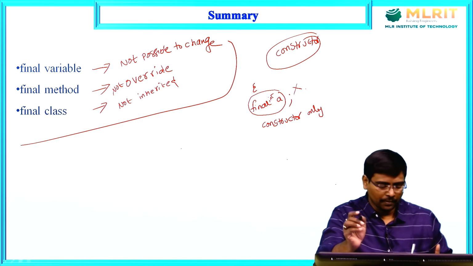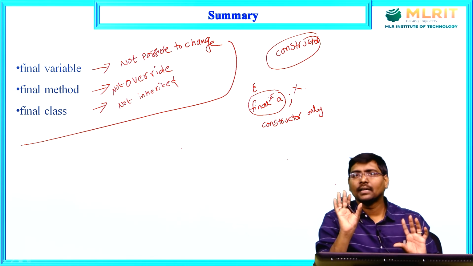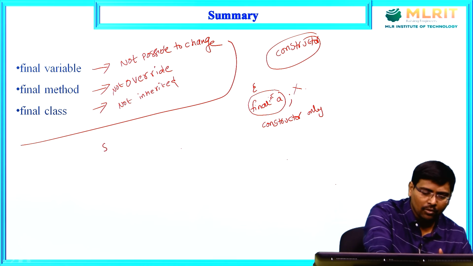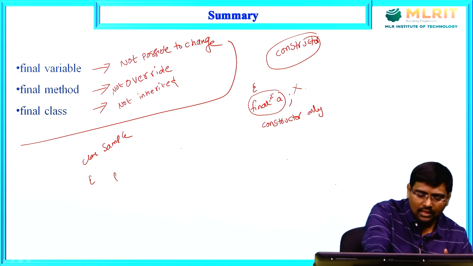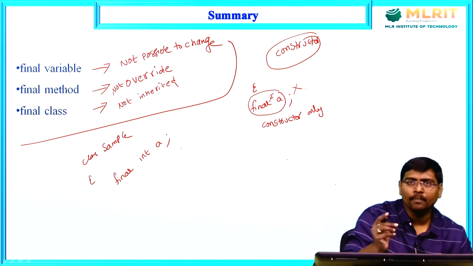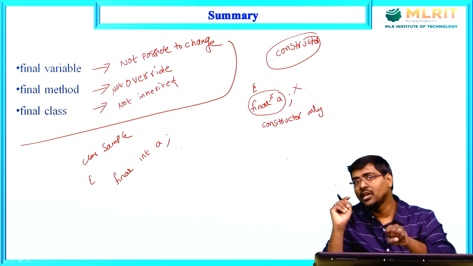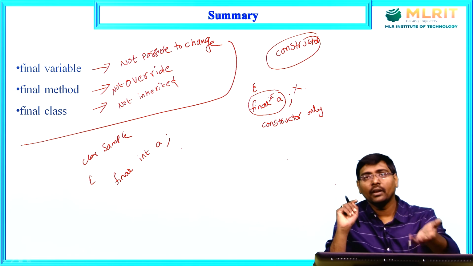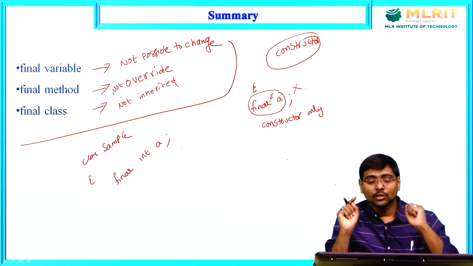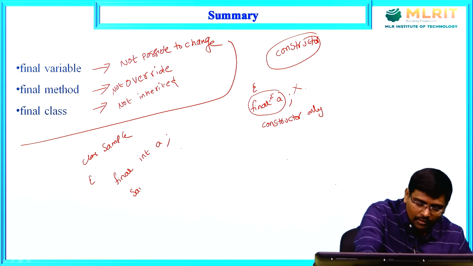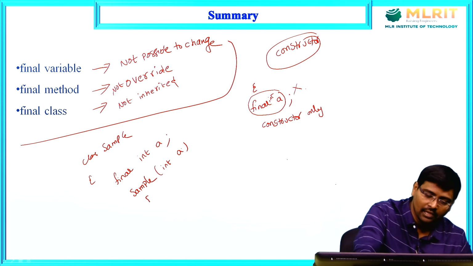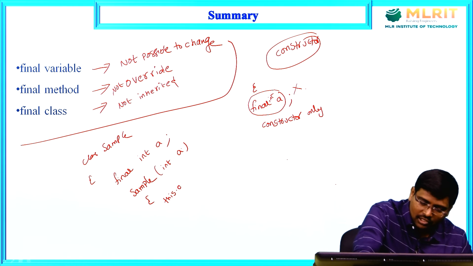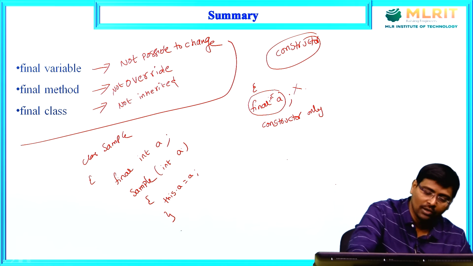Again I am repeating, suppose class sample, within this one, I declared one variable a. This value is not changed, that is okay. But where is the value? So compulsorily you need to create a constructor. Within this constructor, you are allowed to assign the value.